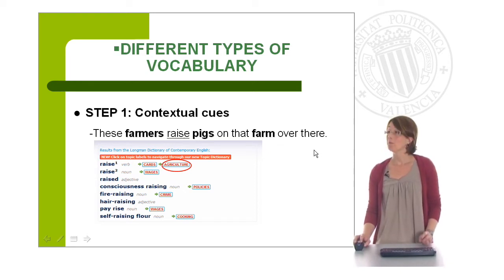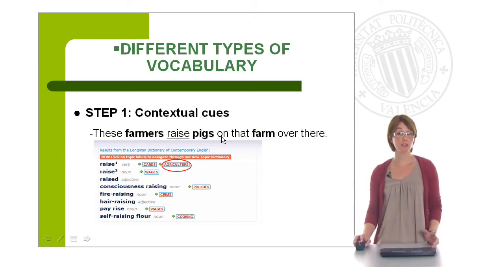Right. To do that, we are going to look at the context where this sentence occurs. Raise is used next to farmers and is used next to pigs, and we have on that farm over there. Right. So, first you need to decide if raise is used as a verb, as a noun, or as an adjective.